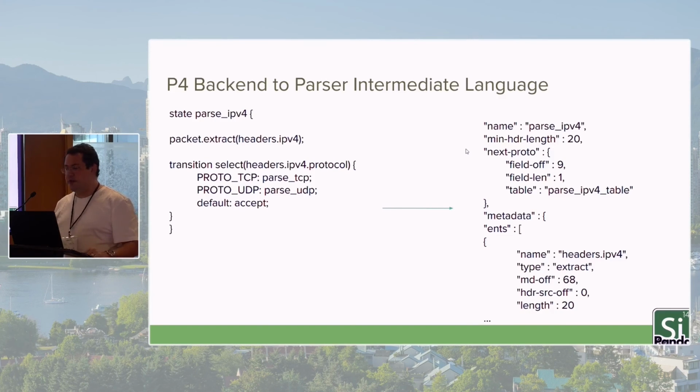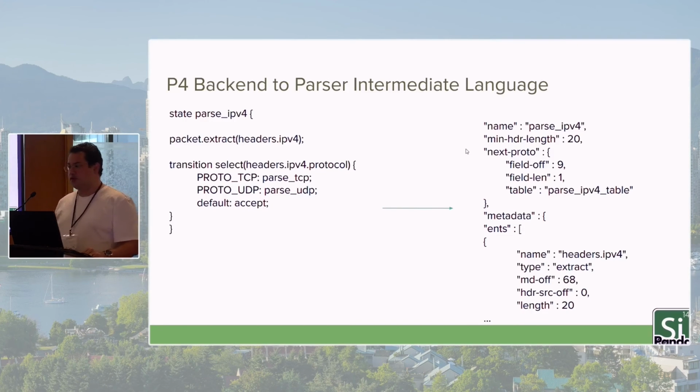We have the definition of the metadata extraction, which is just what will be the packet.extract in the P4 language concept, which is the data that is extracted for handling later, right?